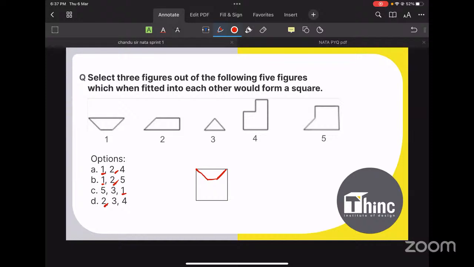If the most repeated one is not a possibility, then I can choose from the remaining options. I placed the first one, and I can place the second one also here easily. So 1 and 2 are easily placed. Then I can take that 5 and fix it over here. So 1, 2, 5. Option B is the right answer.